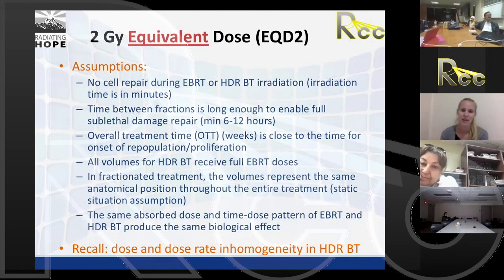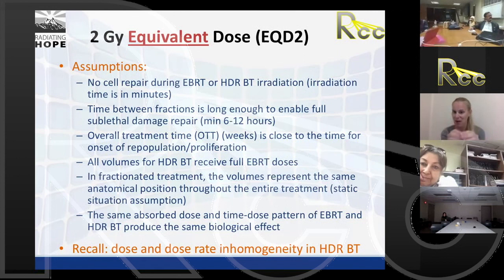Okay, the other assumption we make is that the same absorbed dose and the time dose pattern of external beam and high dose rate brachytherapy produce the same biological effect. Now this is a fairly big assumption, particularly considering the dose and dose rate inhomogeneity in brachytherapy. So if you think about even your tumor, it's not getting a uniform dose or being exposed to a uniform dose rate.